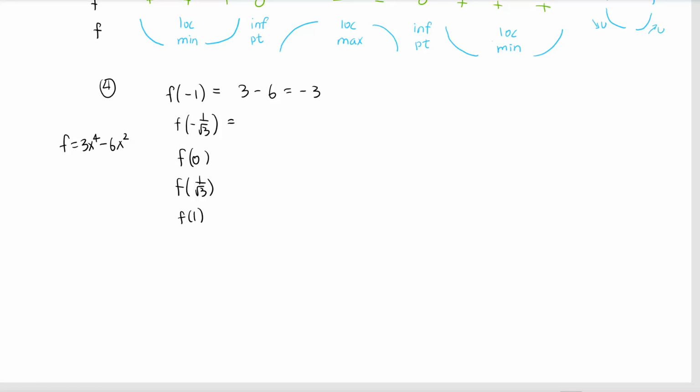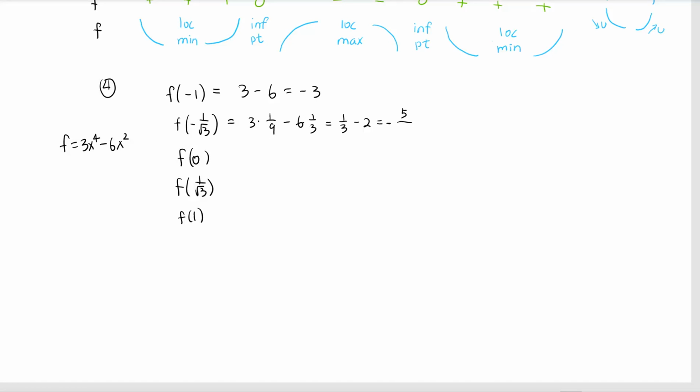How about 1 over root 3? Negative to the even power just becomes positive, and 1 over square root of 3 squared is 1/3, and x to the 4th is 1 over 9. Then minus 6 times 1 over 3, so we get 1/3 minus 2, which is 1/3 minus 6 over 3.